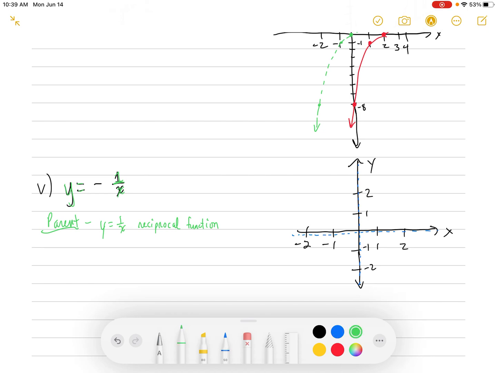And for the reciprocal function, let's plug in 2. When you plug in 2, you reciprocate 2, you get 1/2. Let's plug in 1. You take the reciprocal of 1, you get 1. Let's plug in 1/2. You take the reciprocal of 1/2, you get 2.